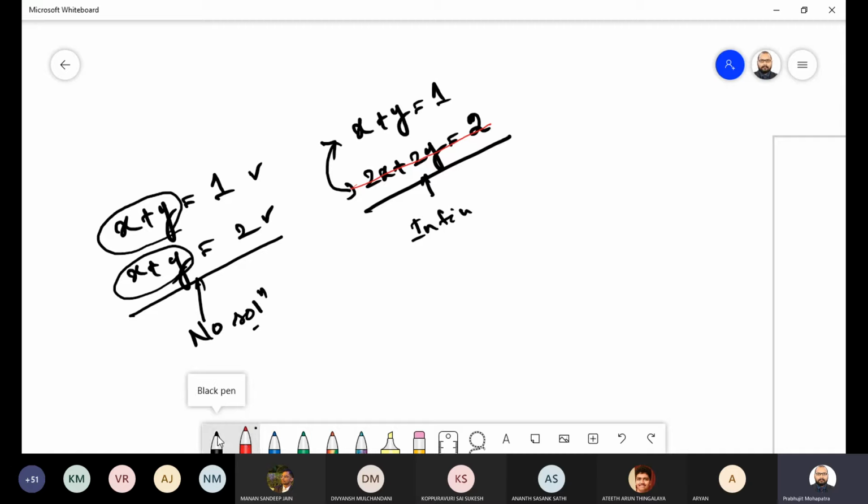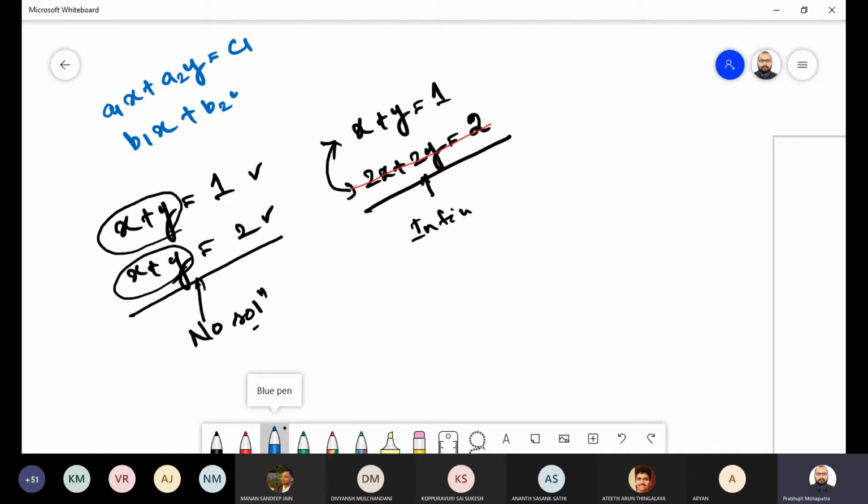See, for both of these problems, if you take the coefficients, we can write a1 x plus a2 y equal to c1, and another, b1 x plus b2 y equal to c2. For these two, when you have no solution or infinite solutions, what is the condition?